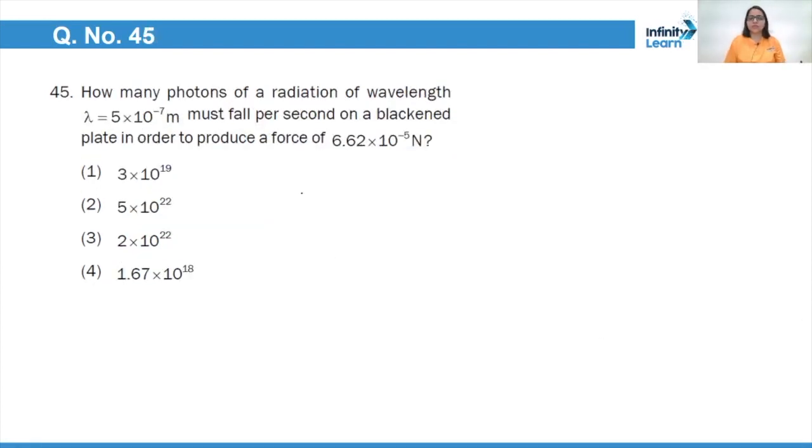Question number 45. How many photons of a radiation of wavelength lambda must fall per second on a blackened plate in order to produce a force of 6.62 into 10 power minus 5 Newton? Right, so over here force will be NH divided by lambda. So N will be F lambda divided by H. Force is 6.62 into 10 power minus 5.